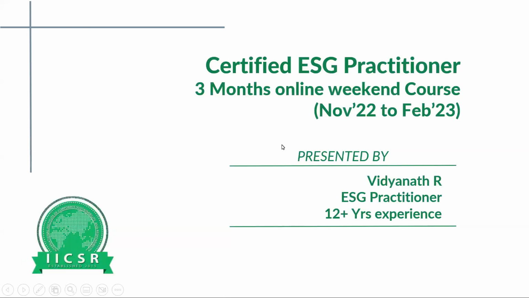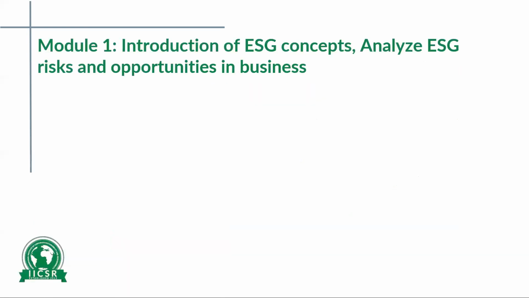So let's understand the flow of the session. The course has been divided into three parts. The first module is basically on introducing you to ESG and sustainability concepts, identifying risks and opportunities in the business, and analyzing the risks.